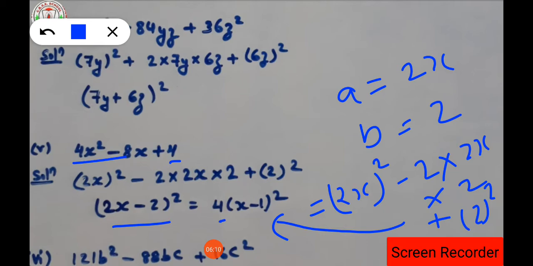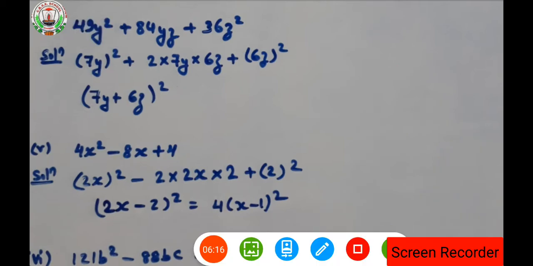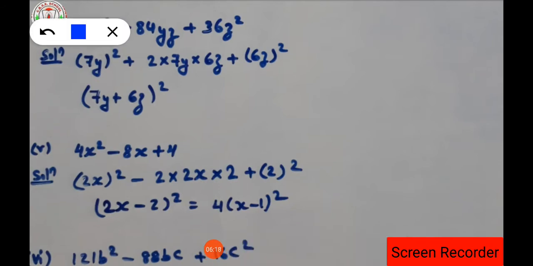Now you will ask me, teacher, how 4 comes out? So when we are taking, see, in this, the answer we are having right now is (2x - 2) the whole square, isn't it? Now in both the terms 2 we can take as a common.